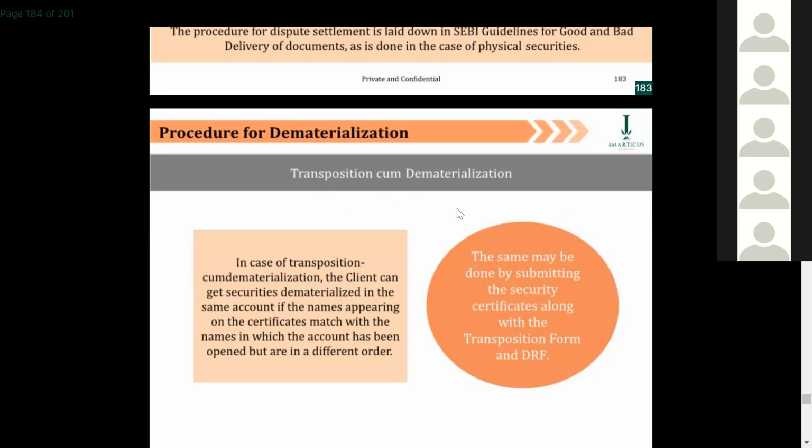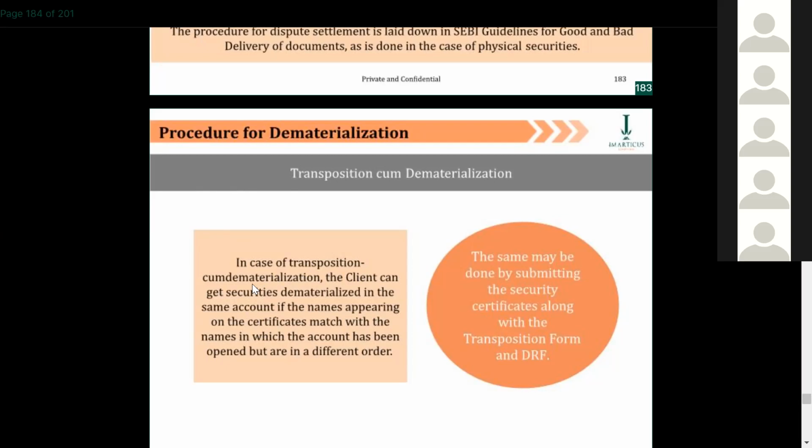Now it might be uncommon, but 15 or 20 years back when dematerialization was actually started, a lot of people had to dematerialize their securities along with transposition, because some securities were held by A and B, some were held by B and A, and it was difficult to maintain all the records. So the securities had to be transposed, that means the position of the names in the share certificate had to be changed.